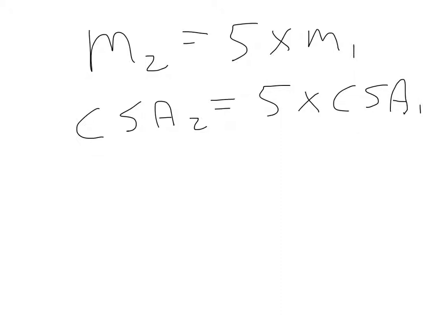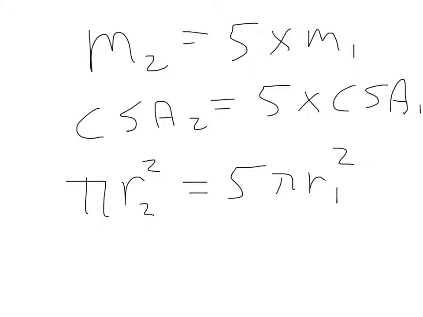Alright? So how much wider is the new diameter compared to the old diameter? Well, let's find it in terms of radius. So the new cross-sectional area is pi times the new radius squared. That's got to be equal to 5 times pi times the old radius squared. So how does the new radius compare to the old radius? Well, we can cancel the pi on either side of the equation.